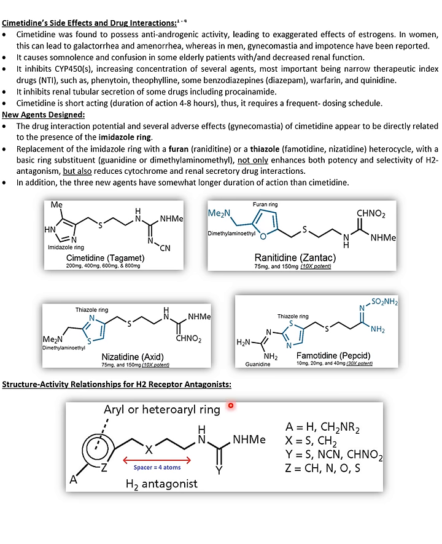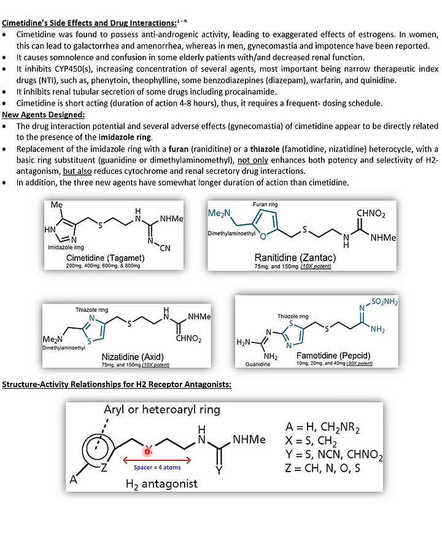Next, let's talk about the structure-activity relationships for the H2 receptor antagonists. This shows the general structure, or the general pharmacophore, for the H2 receptor antagonists. First of all, we should have a spacer of about 4 atoms between the nitrogen here and a heteroatomic ring.